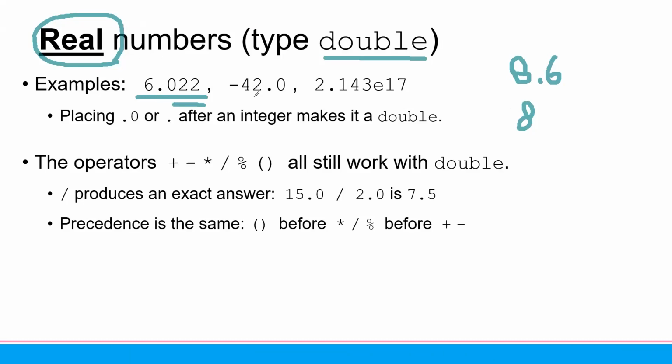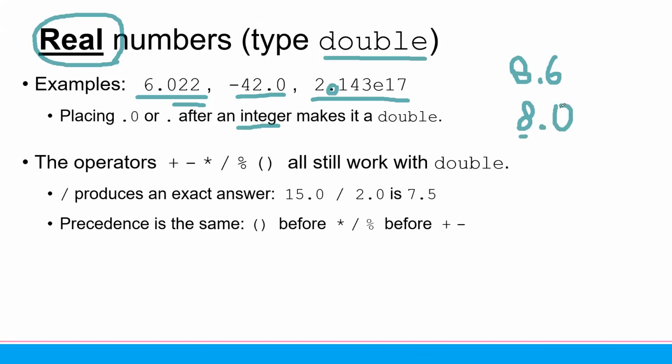6.022 or minus 42.0. Or sometimes we have a very huge number. It can also be a double, as long as it is with the decimal, then it is a double. And if it is an integer, let's say I have number 8 and I would like to put it as a real number, then you can have only dot 0.